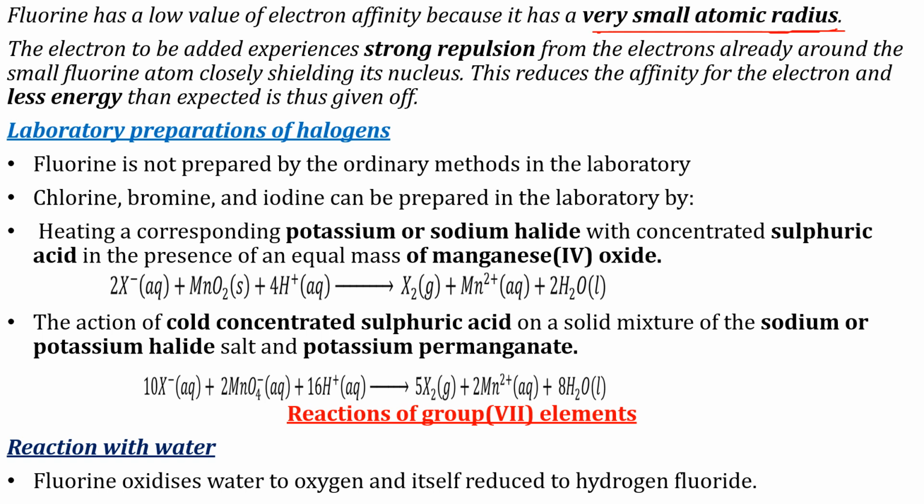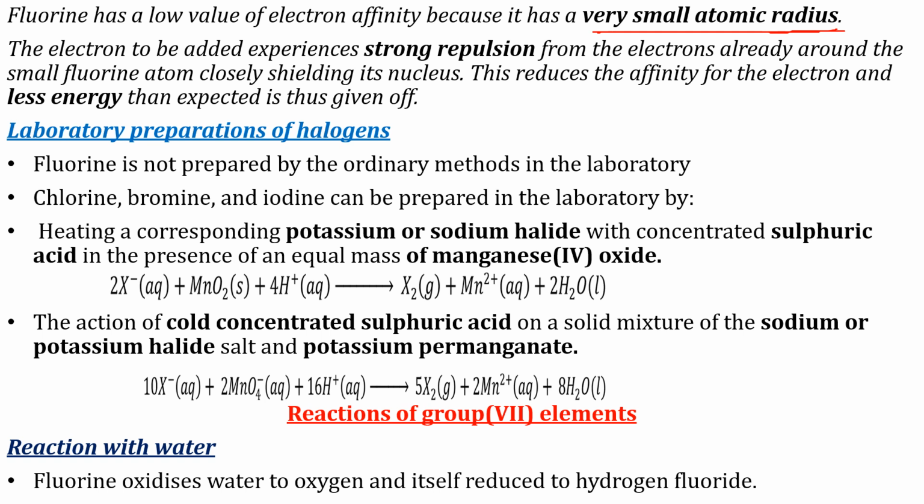Now we are saying that the action of cold concentrated sulfuric acid on a solid mixture of sodium or potassium halide is as follows. This is a good example of a redox reaction.